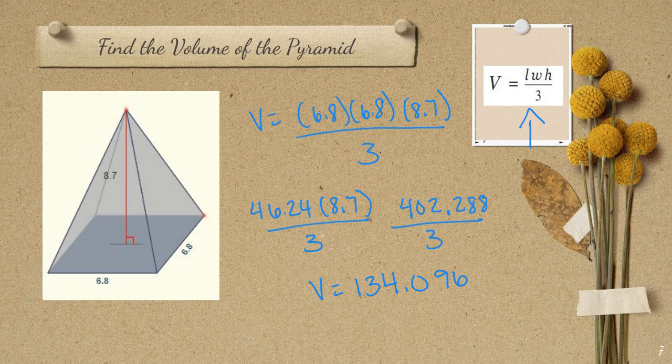Sometimes it will ask you to round to the nearest 10th. Remember that the 10th is this place. So I look next door. If it's 5 or bigger, I add 1 more. So in this case, if I'm rounding to the nearest 10th, that would be 134.1. And again, I don't have a given unit, so I say units. And what is it? Cubed, squared, what? Cubed, because it's 3-dimensional. So volume equals 134.1 units cubed.